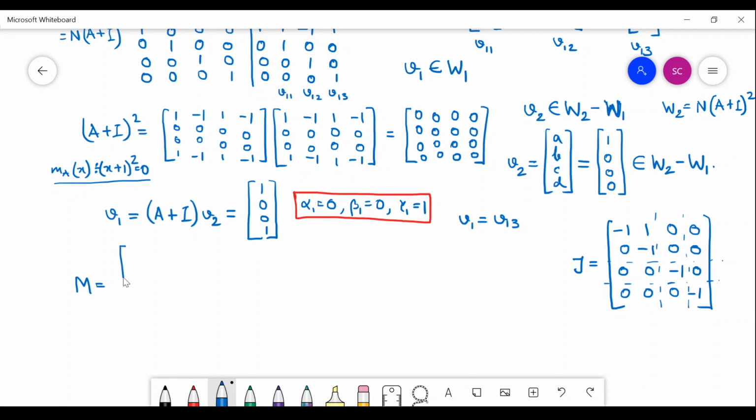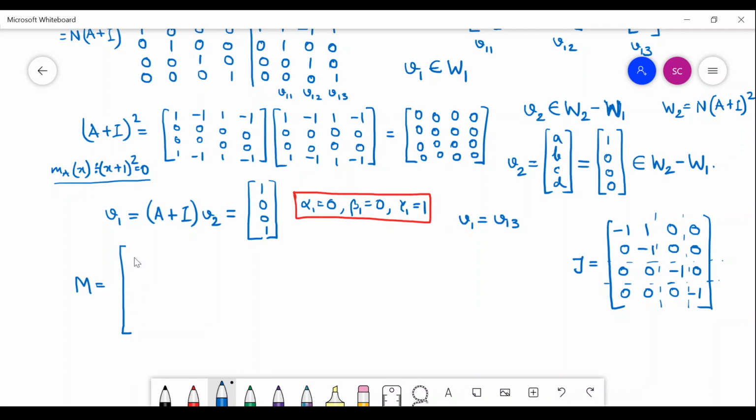Now what is M? M would be your V1 and then V2, right? Not V2 and V1. Remember this, always start with the lowest degree, lowest eigenvector from W1.